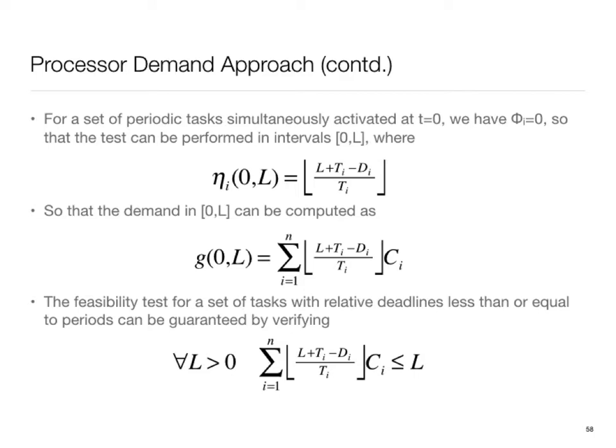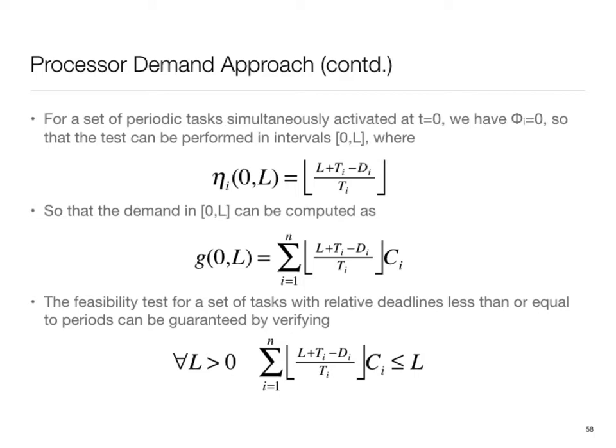And then it turns out that the schedulability test boils down to saying that the demand on the processor should be less than the time that was available, which was L. So in 0 to L, the total computation demand should be less than or equal to L, because if it wasn't the case, then the deadline would be missed.